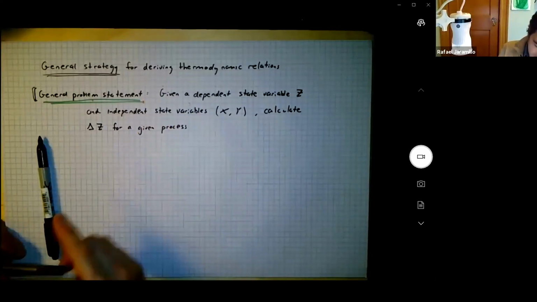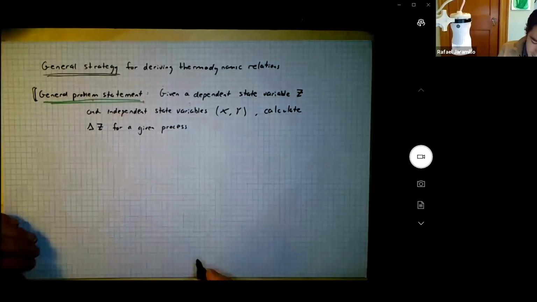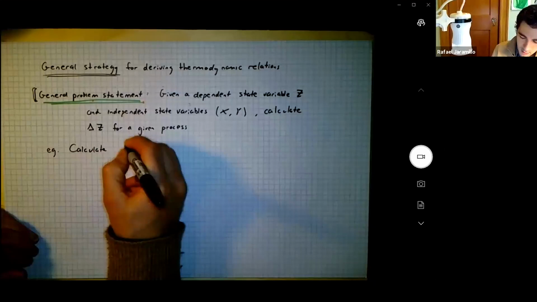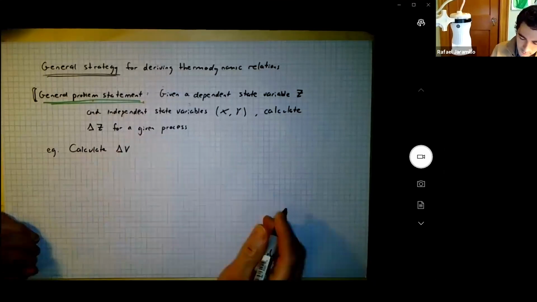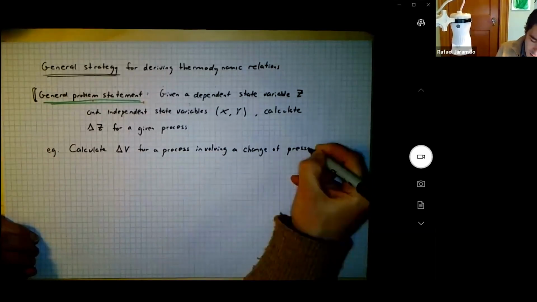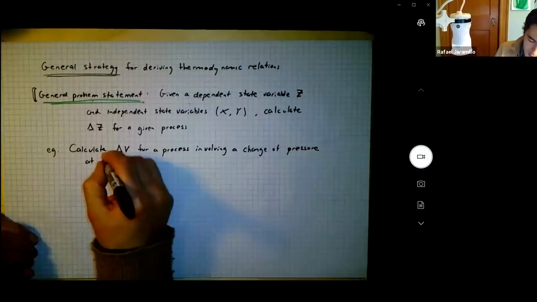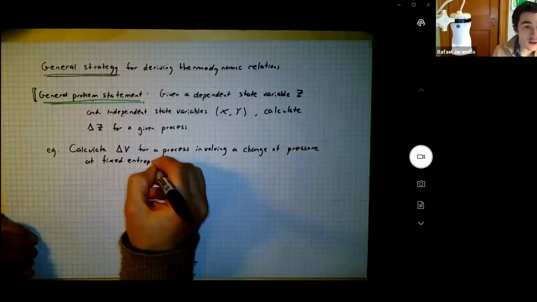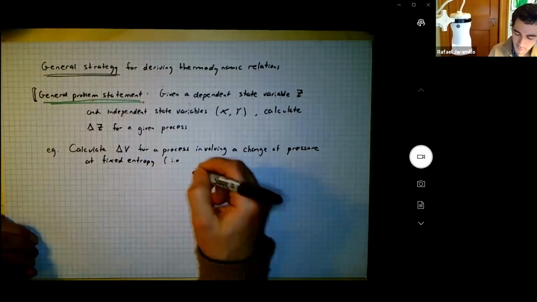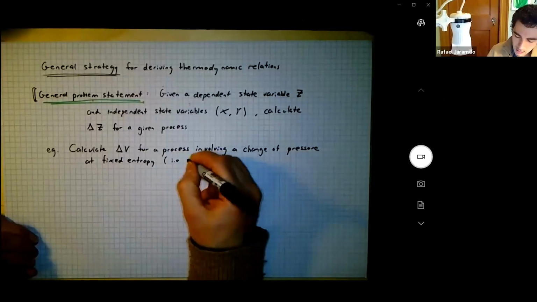Example. Calculate delta V for a process involving a change of pressure at fixed entropy, which is also a reversible adiabatic process.